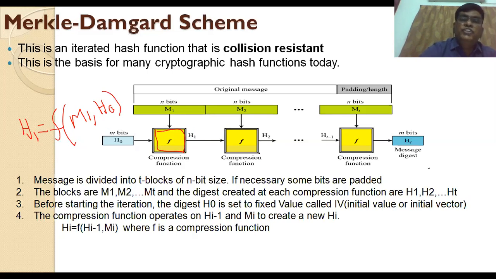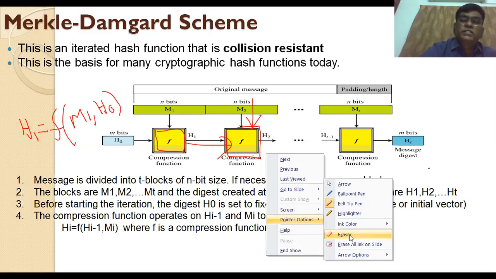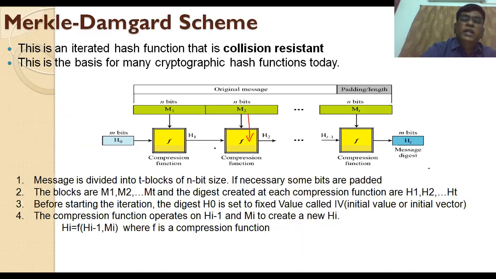Now come to the H2, the second compression function. The second compression function F takes M2 and the previous output of the compression function, that is H1, and produces H2 as the output.